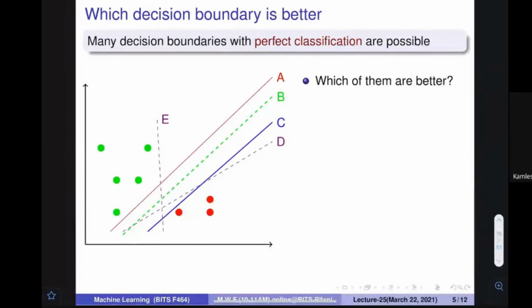All the lines are good because they are classifying the things into two parts. Who is agreeing with me that all the lines are good? Next question: whether they are equally good. The answer is no.